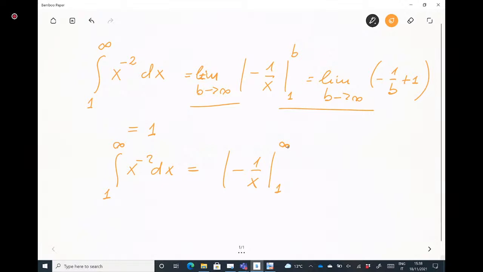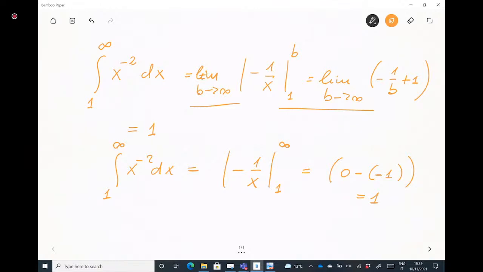This means implicitly that I have to compute the limit as x tends to infinity. But the limit as x tends to infinity is just 0 minus 1, which is 1. Clear?